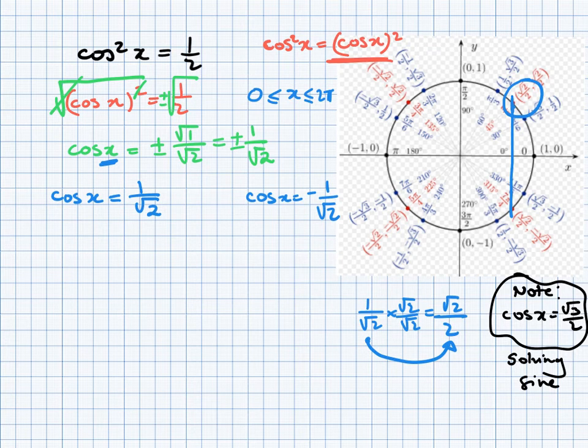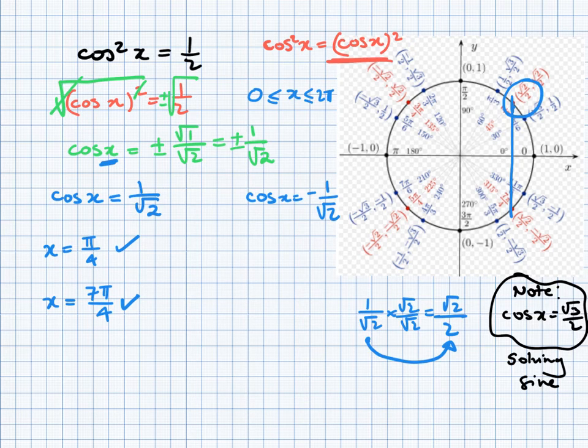So therefore the angles with cosine 1 over square root of 2 are x is equal to pi over 4 and x is equal to 7 pi over 4. So this is one solution and here's another solution.